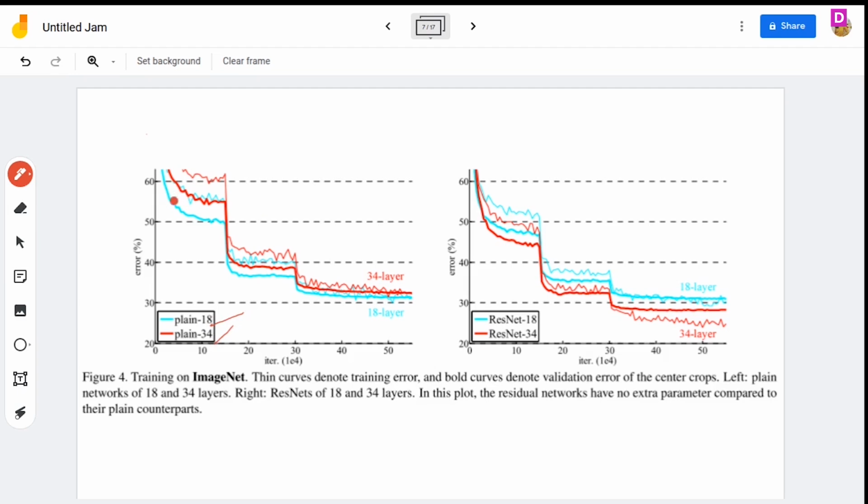You can see the blue one represents the 18 layers, but the 34 layer has more error than the 18 layer structure. You can see this is the basic one that we had. After adding residual blocks, you can see the 34 layer now has less error than the 18 layer. So it helped in reducing network degradation.